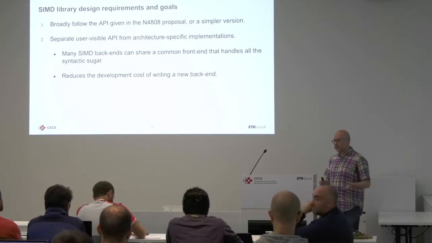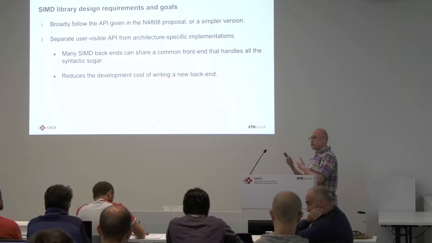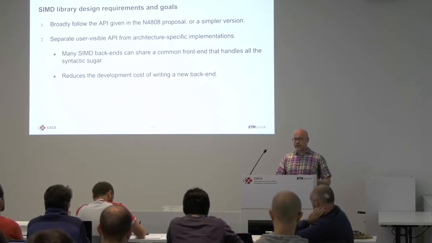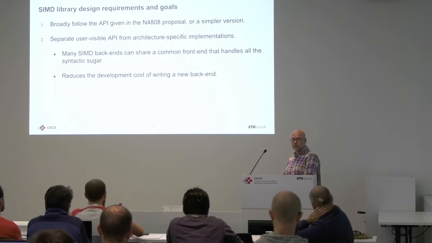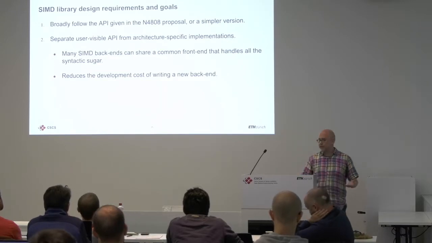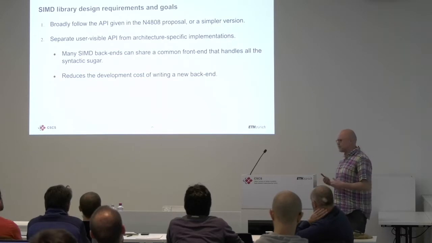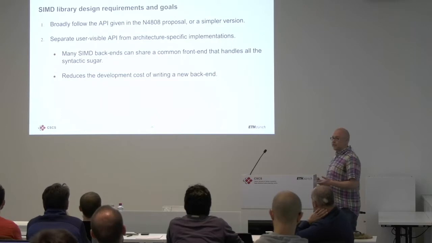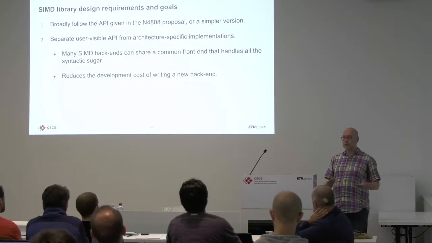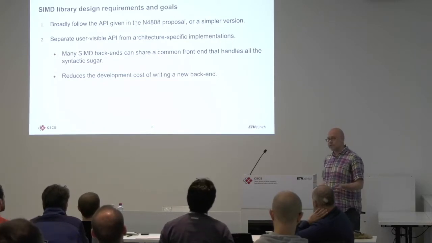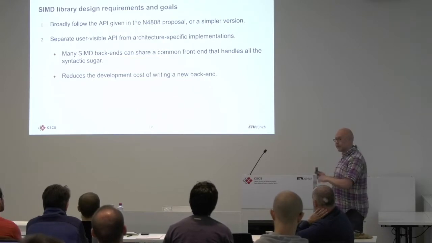I want to do it once, and then use some sort of internal API that gets translated to that better reflects the sort of operations that go in any back-end implementation. So it saves effort, it makes things more maintainable, it encourages code reuse. And also means that if I want to change the front end, if I want to make a different way of presenting this functionality, I can leave the backends alone.